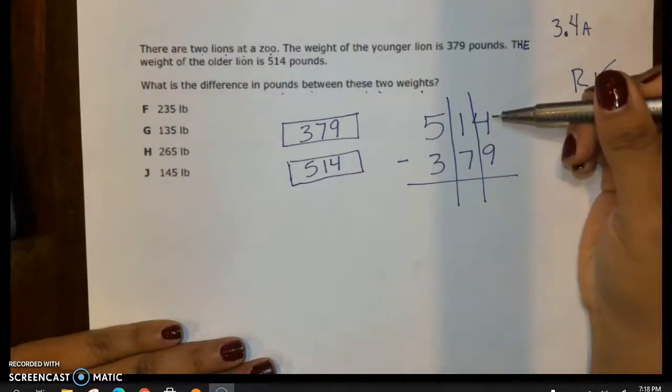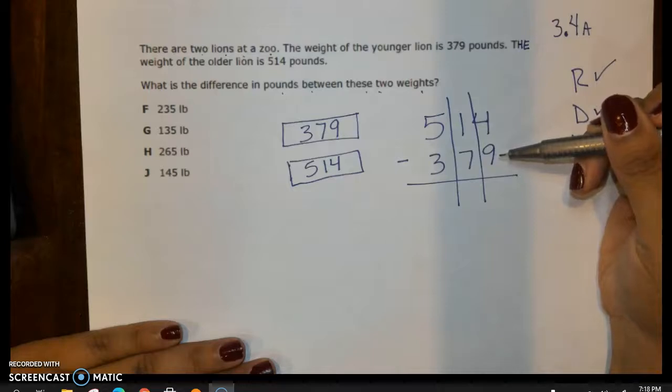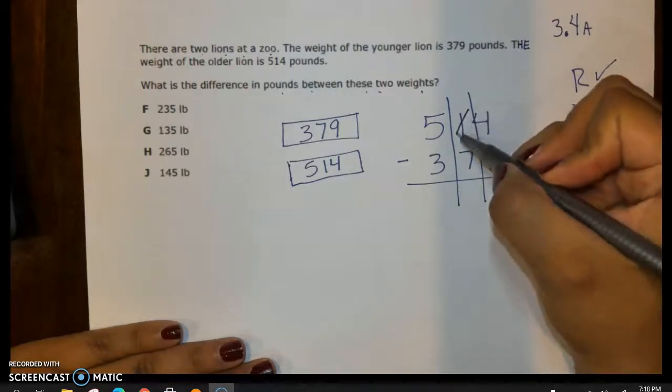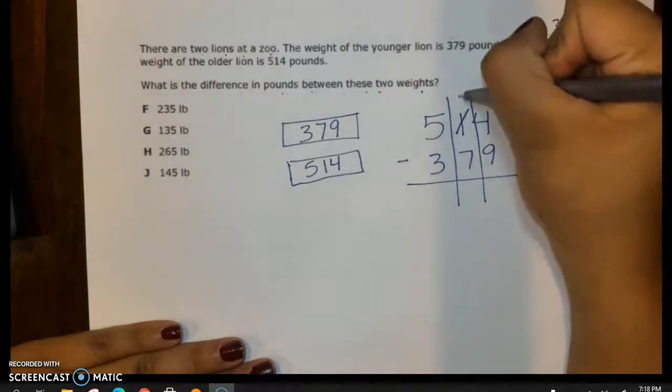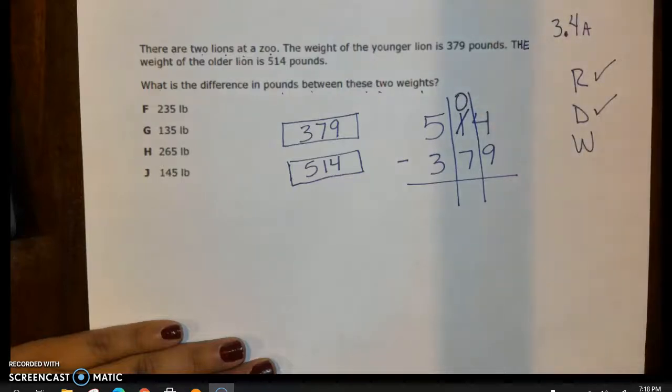Now let's start with our ones. I have a 4, and I'm taking away 9. Is that possible? No. So we're going to go to our neighbor. Hi, neighbor. And he's going to let us borrow a 10. He now is a 0 because I took his 10 away.